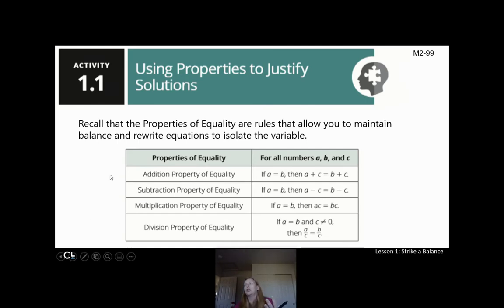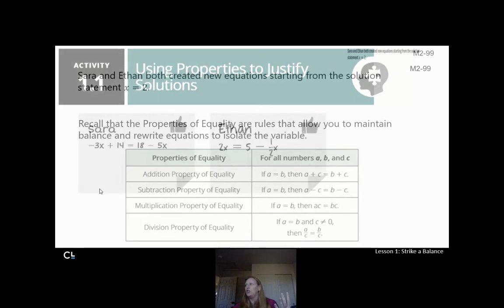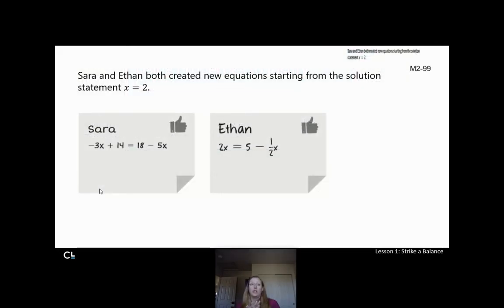So in our getting started activity that we all did together, you came up with a new equation, right? We started with x equals 2, and then you created a whole new equation from that. So Sarah and Ethan did the same getting started activity that we did. And Sarah, when she did all of her bits, got the equation negative 3x plus 14 equals 18 minus 5x.